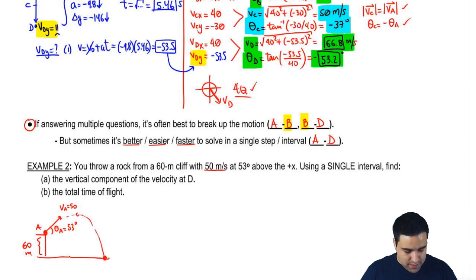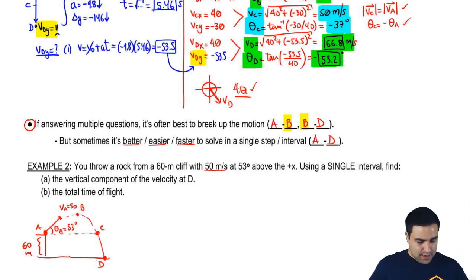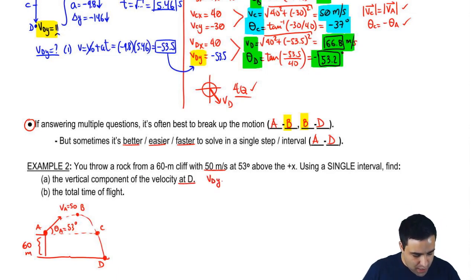I'm going to call this A, B, C, which in this case is not important, and D. All right. And I want to find the vertical component of the velocity at point D. So VDY. What is VDY? And I want to do this in a single step. Okay. So let's do that real quick.